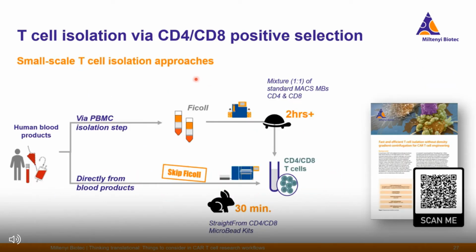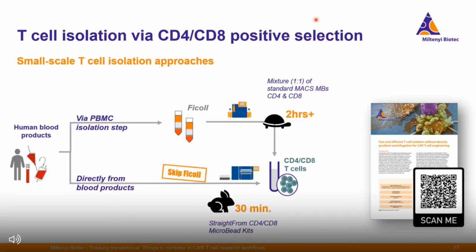If you find yourself in a research setting still working with research products, we have two options available that I want to highlight here. One option is to isolate PBMCs from blood products and continue with a one-to-one mixture of CD4 and CD8 microbeads, including the cycle. This will take approximately 2 hours.